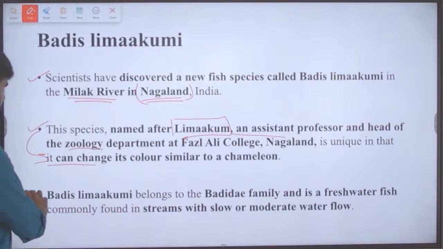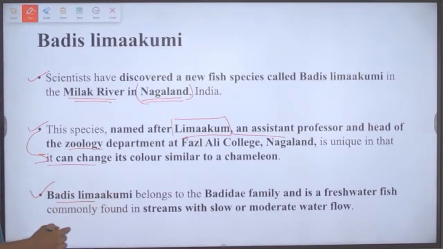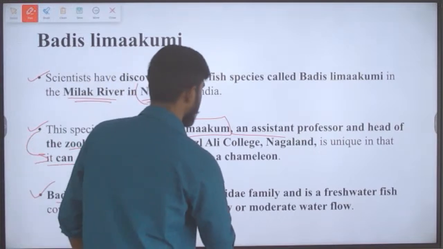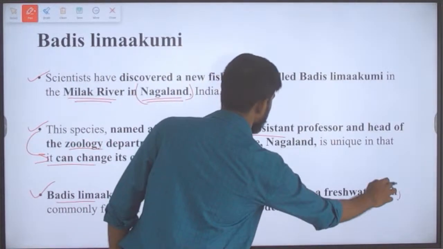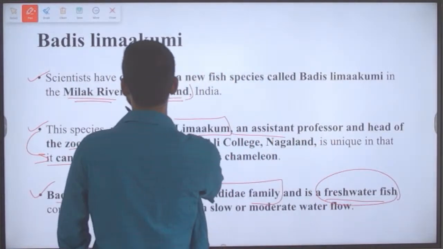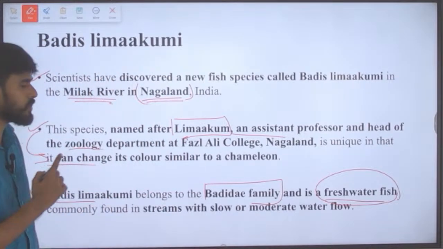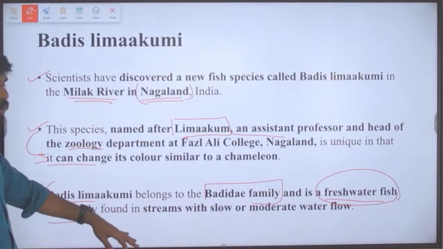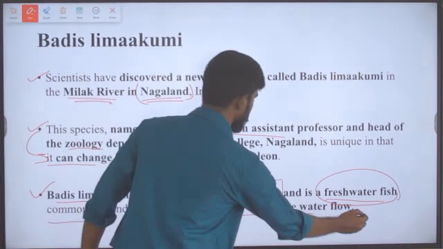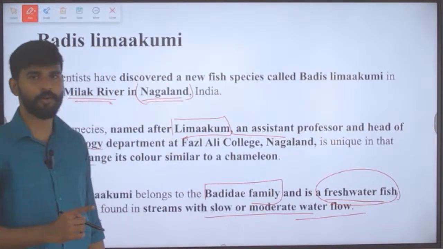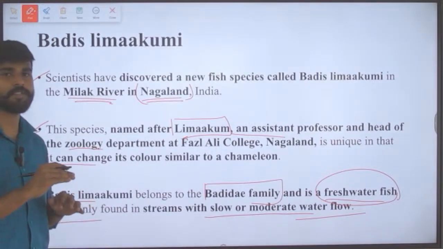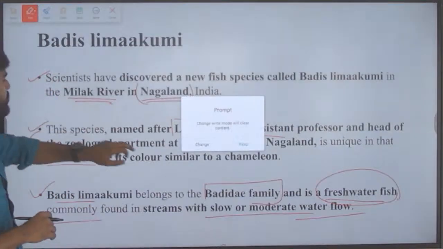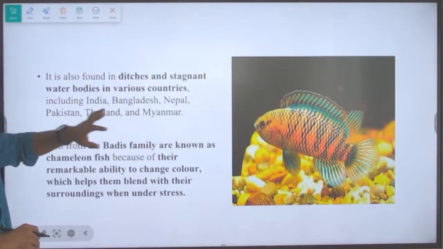Next, Badis limaakumi belongs to the Badidae family and it is a freshwater fish, which is important. Because it is in the Milak River, it is a freshwater fish, and it is commonly found in streams with slow and moderate water flow, which is again important. This is how the fish will look.